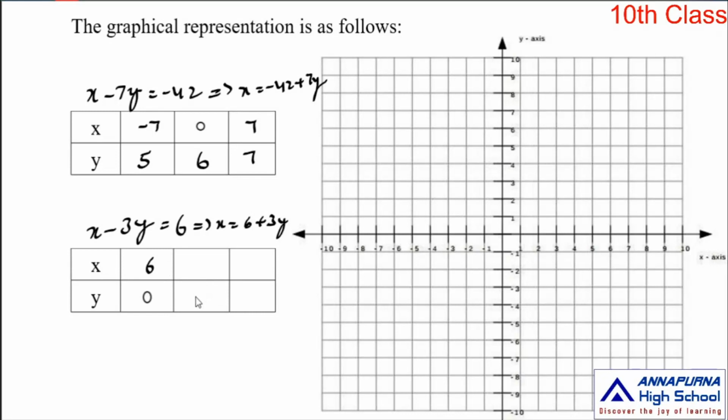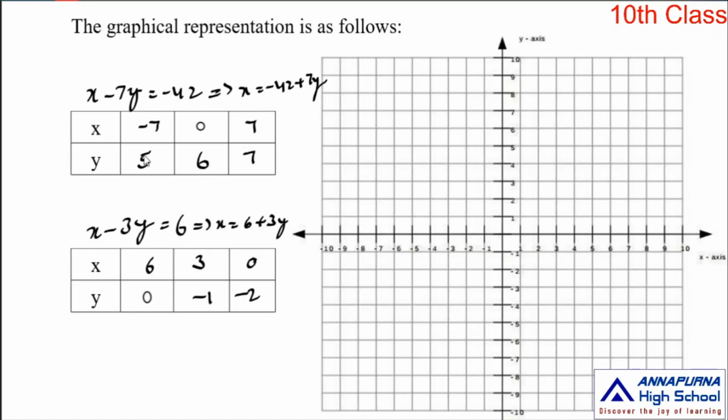If y is equal to minus 1, 3 into minus 1, minus 3, 6 minus 3, x is equal to 3. And if y is equal to minus 2, 3 into minus 2, minus 6 plus 6, it is equal to 0. So these are the three solutions which satisfy the second equation.